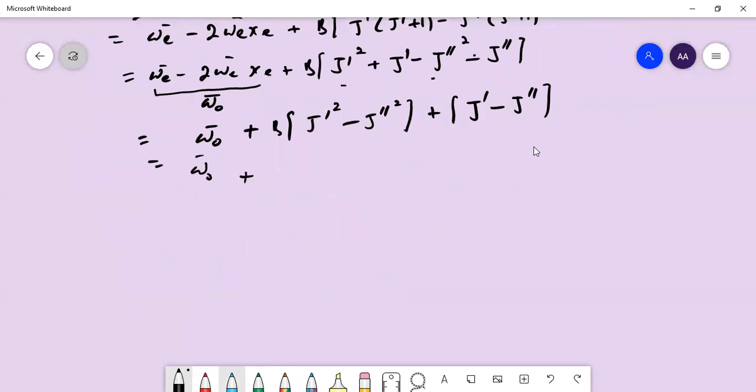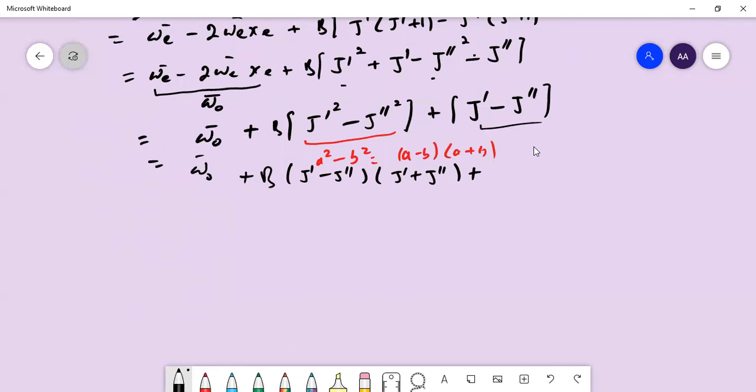Here I can expand this equation as a square minus b square, which is equal to a minus b into a plus b. So b, we can write b as such, then I can write J' minus J'' into J' plus J'' plus, we can write it as such, J' minus J''. Okay, so again let me take this J' minus J'' as common.